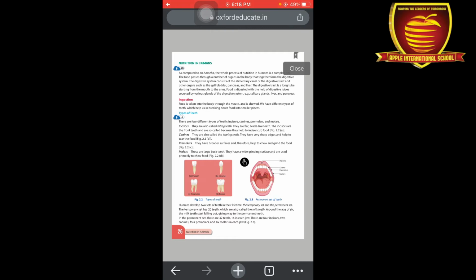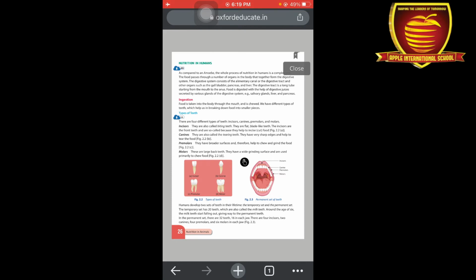Those organs combine together to form a digestive system which we use for the proper digestion of our food. In our digestive system we have organs like the alimentary canal, digestive tract, gallbladder, pancreas, liver. These are some of the organs that we use in our digestive system.